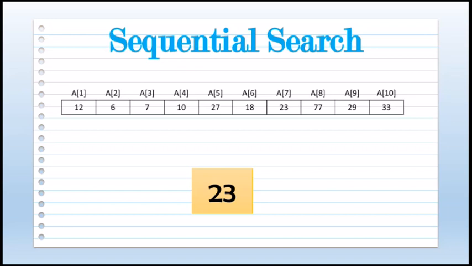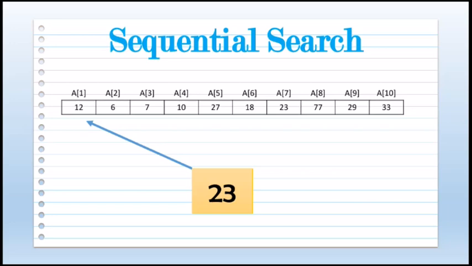So this is sequential search. That means we will start comparing our searching element sequentially starting from the first element. So first we will compare the searching element with the first number. Here 12 is the first element and we will compare that with our searching element.